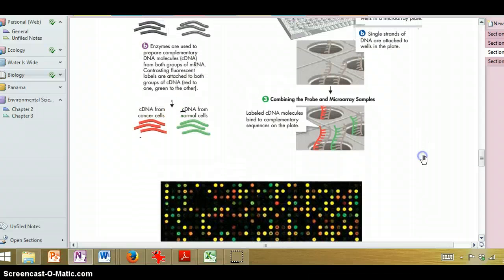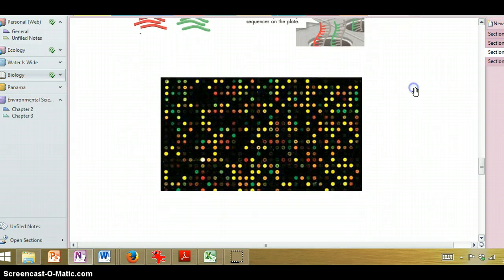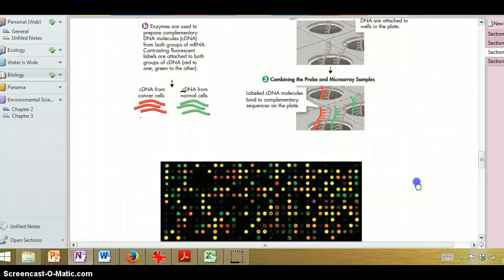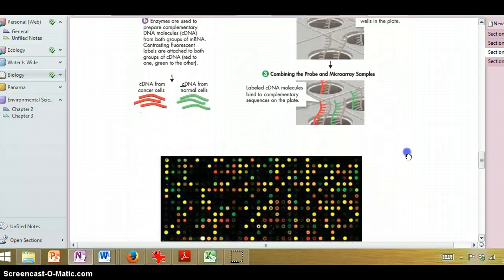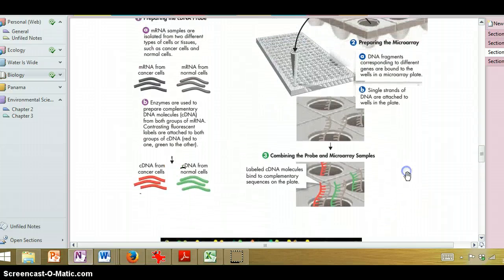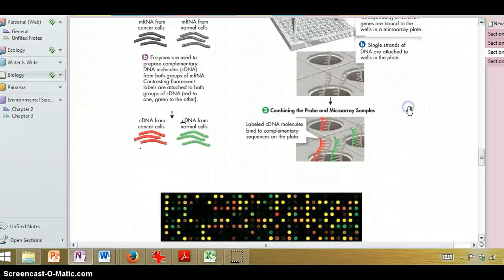So you have this whole array of genes. This can have hundreds of thousands of genes on it, depending on how big the array is. Then, from the cell of interest, you isolate the mRNAs from that cell. And of course, the mRNAs are the products of genes that are being expressed by that cell.